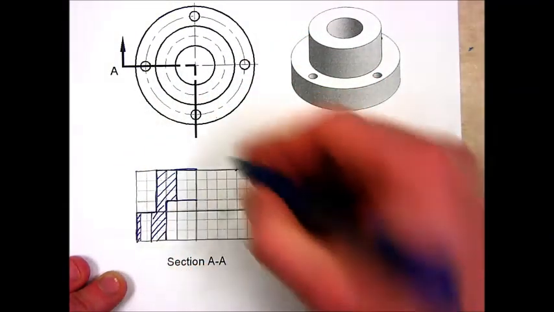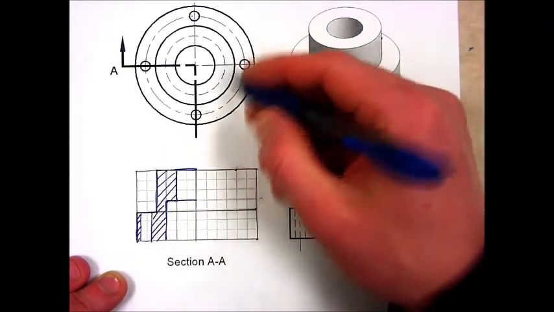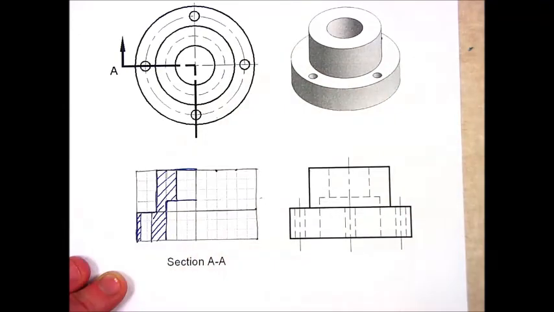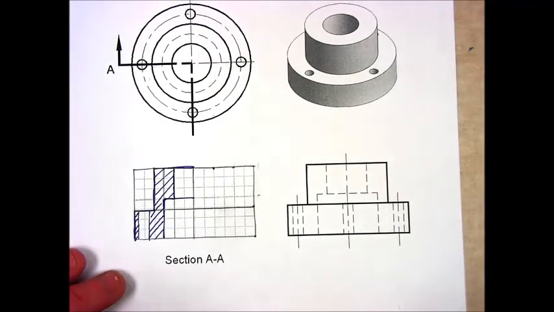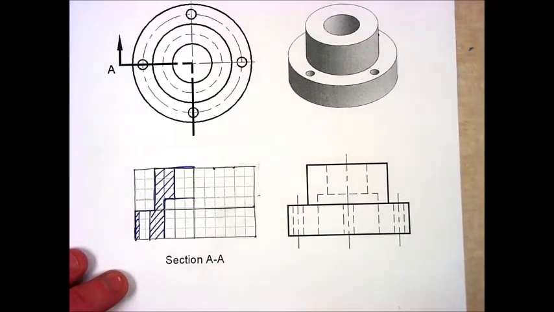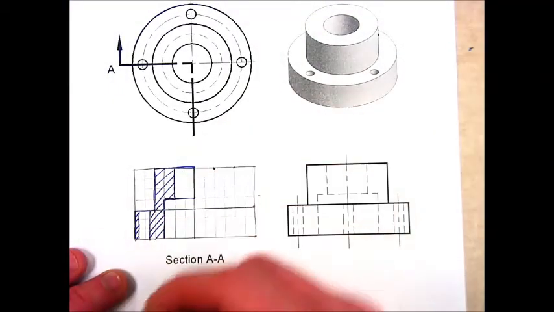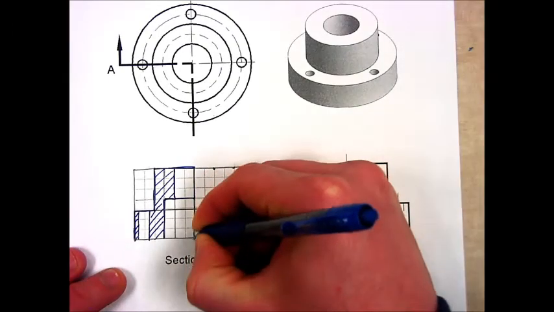We're not cutting through anything here or here. I can sketch the other part of this on the other side, so I can project a line down. Right here, I'll draw my line down in the middle. I'll draw this line down.